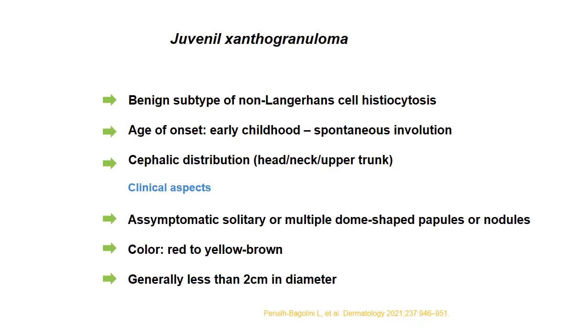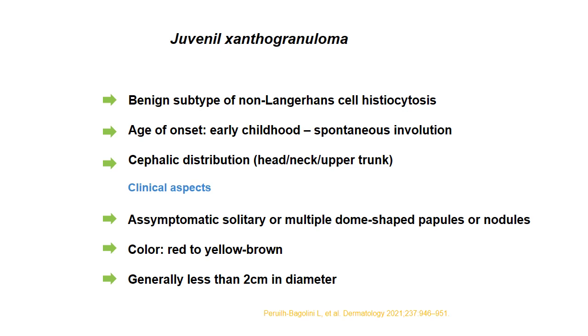Juvenile Xanthogranuloma is a well-known benign subtype of non-Langerhans cell histiocytosis. It usually appears in early childhood, and most cases may show spontaneous involution. It usually has a cephalic distribution, with lesions more common on the head, neck, and upper trunk.